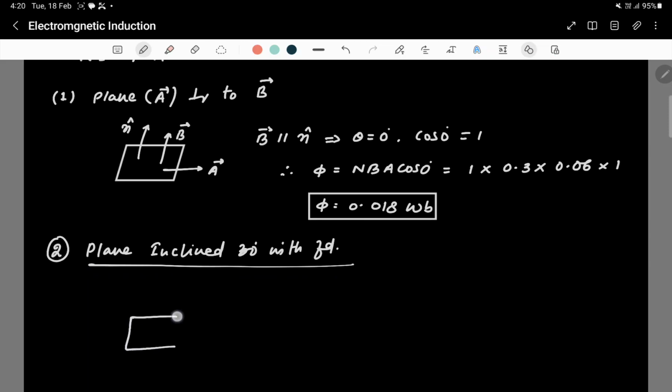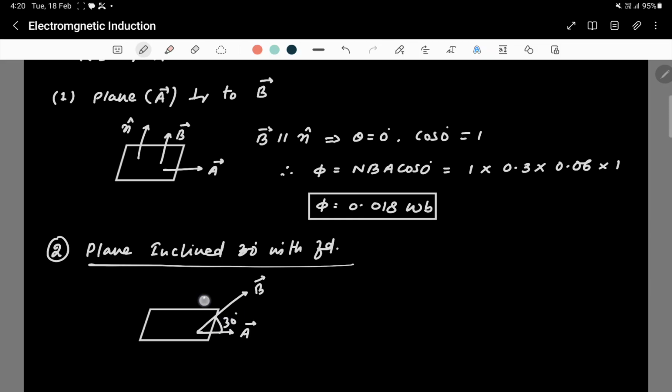Suppose this is a rectangular coil. Plane means area, inclined at 30 degrees with the field. So see here, this is the surface area A, inclined with the magnetic field at 30 degrees.